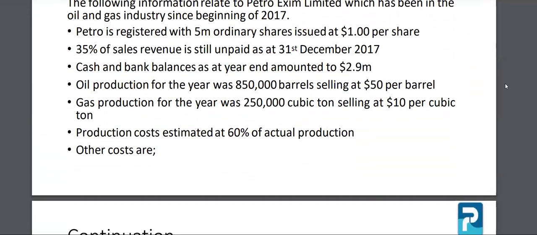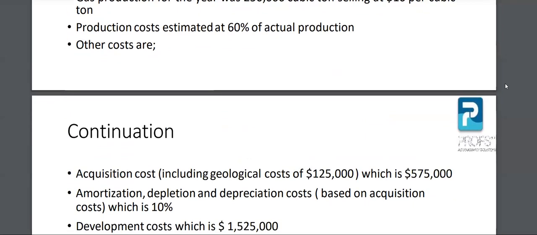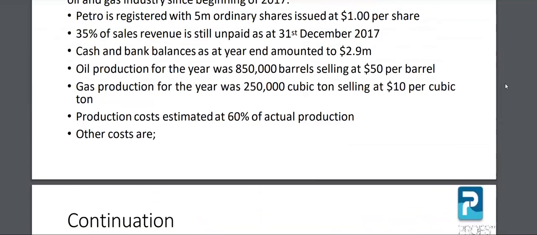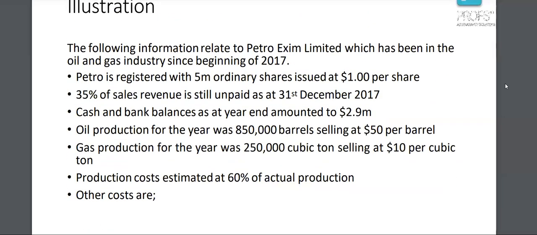Okay, so let's take a look at this illustration. The following information relates to Petro Exim Limited, which has been in the oil and gas industry since the beginning of 2017. Petro is registered with 5 million ordinary shares issued at $1 per share. 35% of sales revenue is still unpaid as at 31st December 2017.